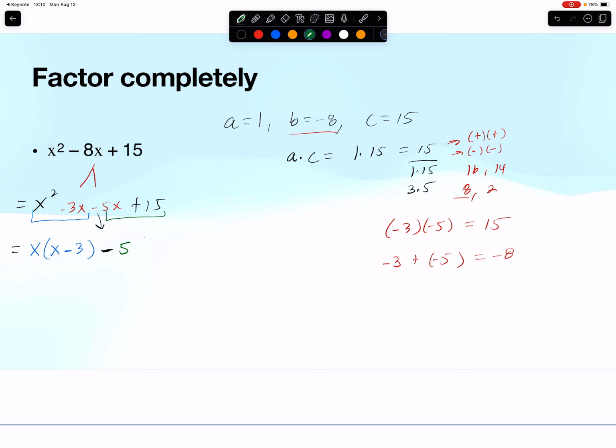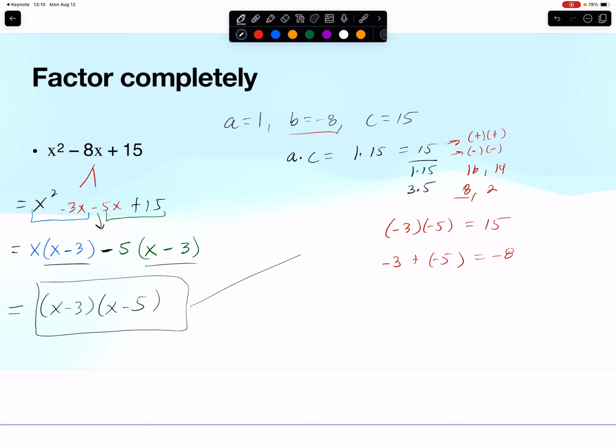And -5 times x is -5x. -5 times -3 is -15, or you can think of it as 15 divided by -5 is -3, okay? And then we got the x minus 3's in common, so then we have x minus 3 and x minus 5, okay? Now notice that the -3 and the -5 is exactly what we got going on there.